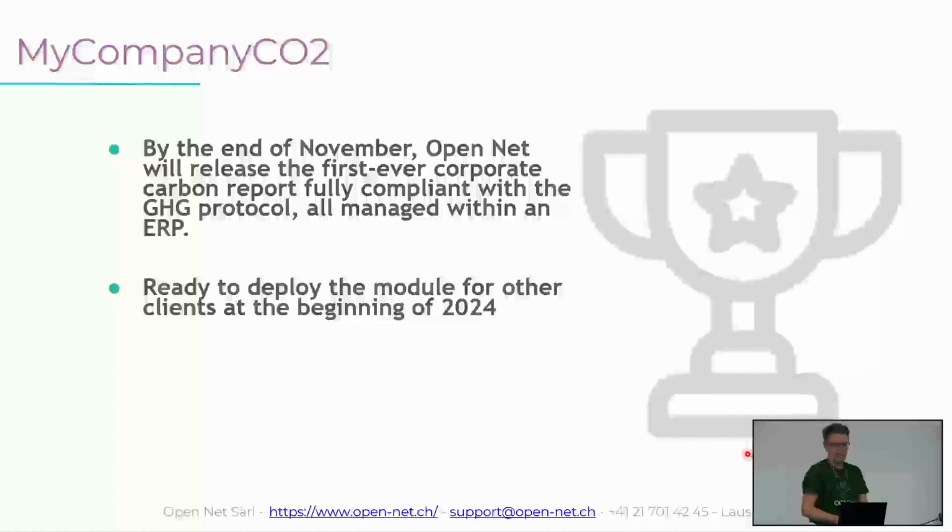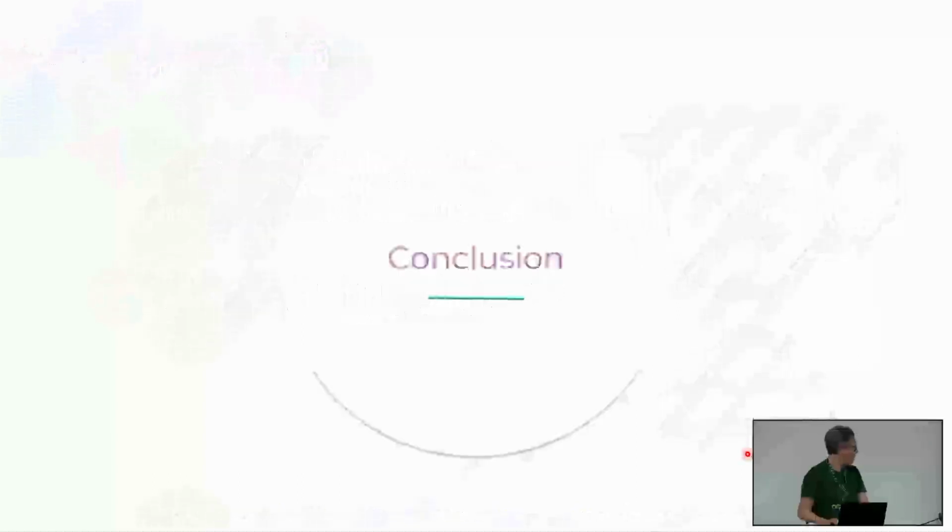That is all managed within an ERP, because usually everything is done in Excel or in outside tools. Here, it will be the first one built on top of an ERP. And we are also ready to deploy the module for other clients, other partners, let's say beginning of 24.